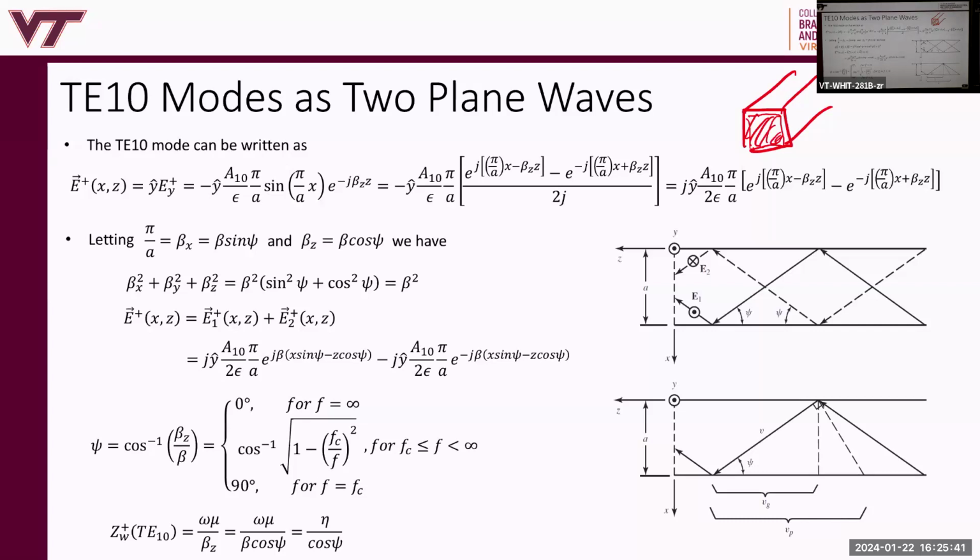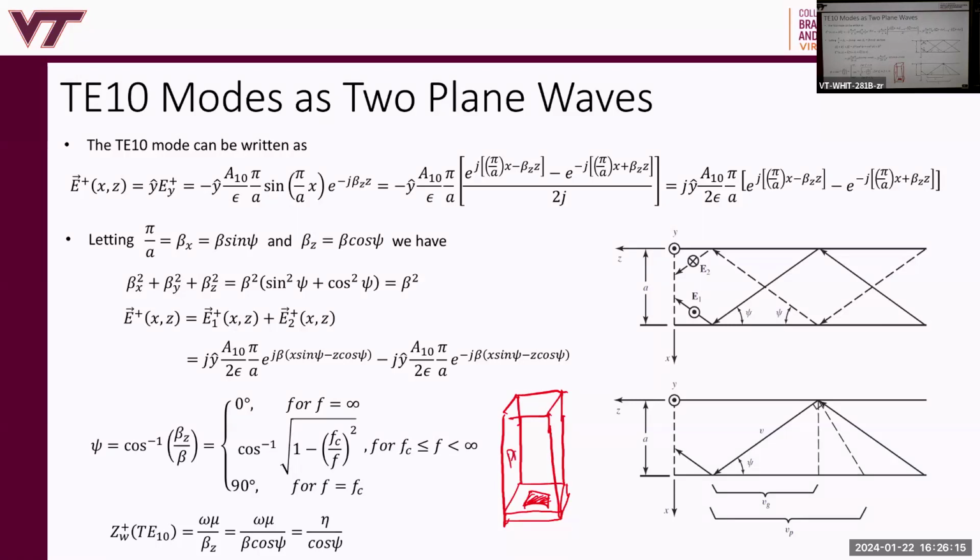Does everybody see that? Let's say I have a patch antenna right here. If I want to measure this patch antenna as if it were in an infinite doubly periodic environment, then I could just throw a metallic waveguide on top of it, and these are all PEC.